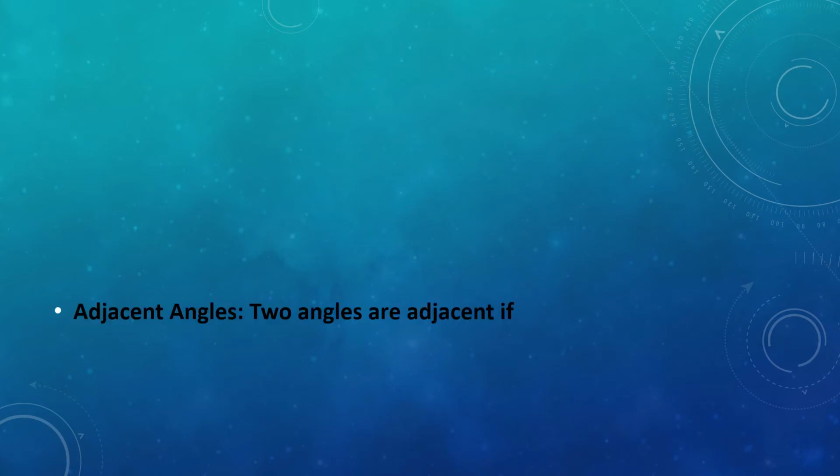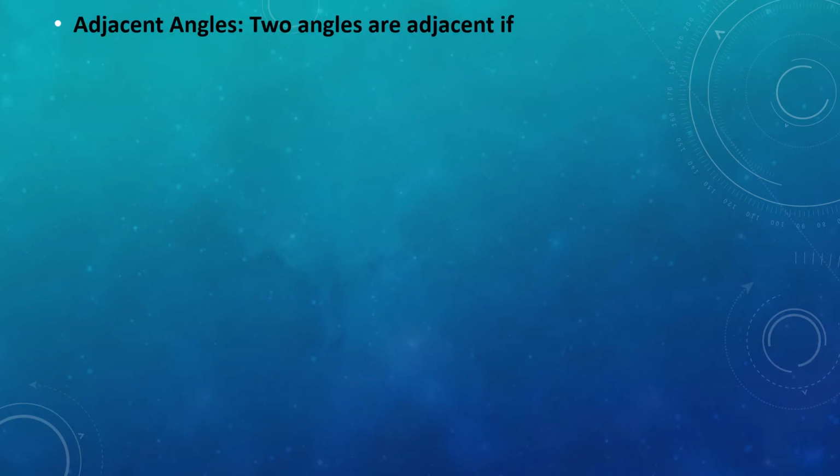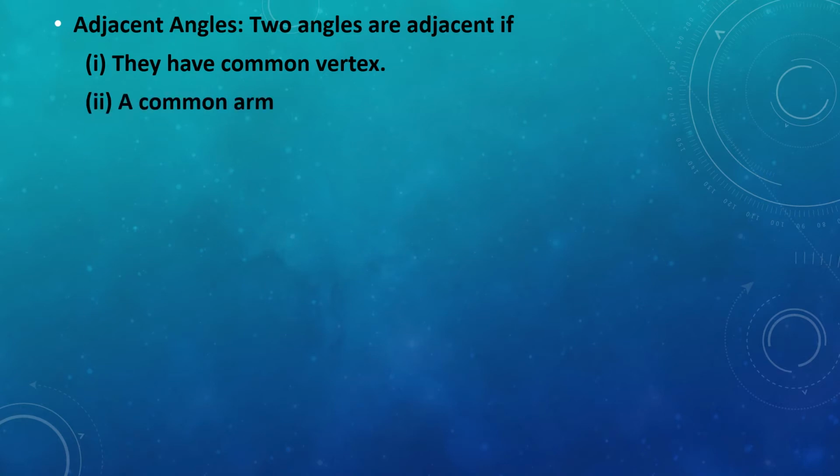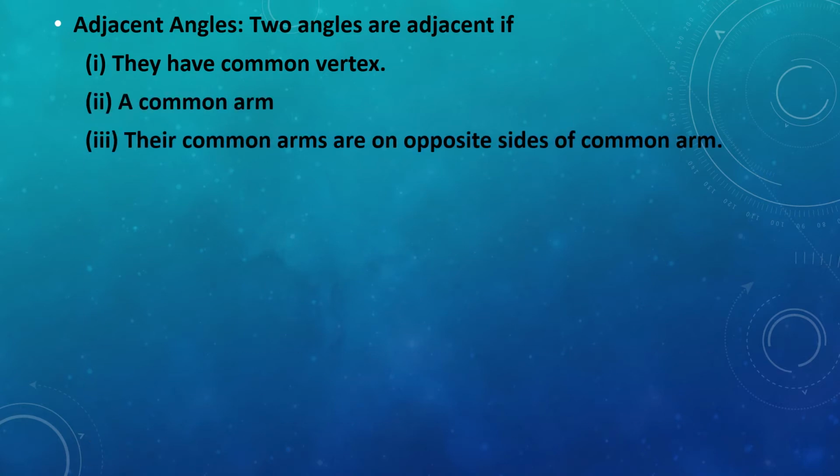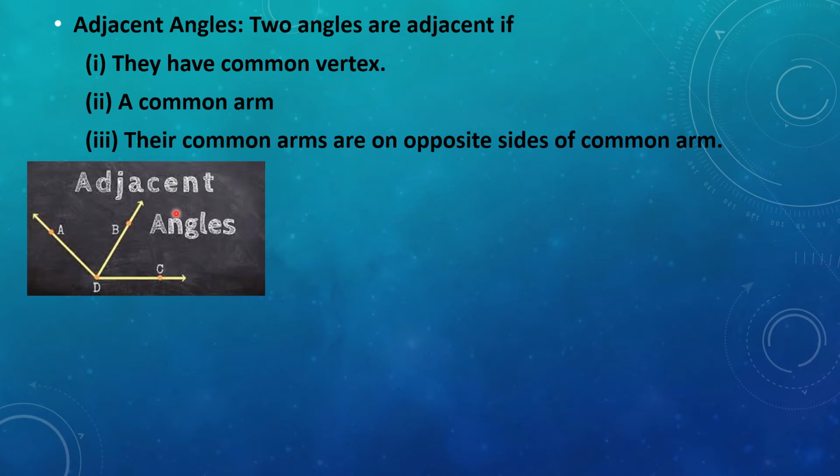What are adjacent angles? Two angles are said to be adjacent if they have a common vertex, a common arm, and their non-common arms are on opposite sides of the common arm. Here you can see that ADB and BDC have a common vertex D. They have a common arm or ray DB, and their other arms are on the opposite sides of the common arm.